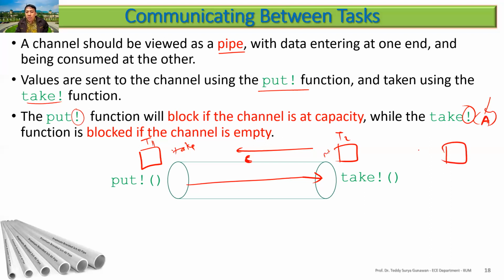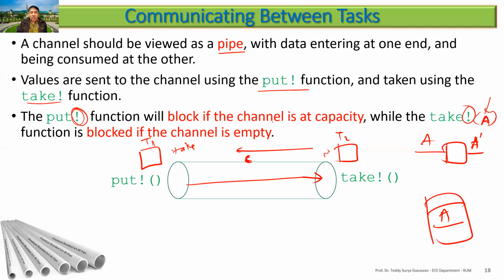So the input A, the output also A, can be modified. A prime is similar to A, at a similar location, but the value can be changed. That's why you have the exclamation mark here.